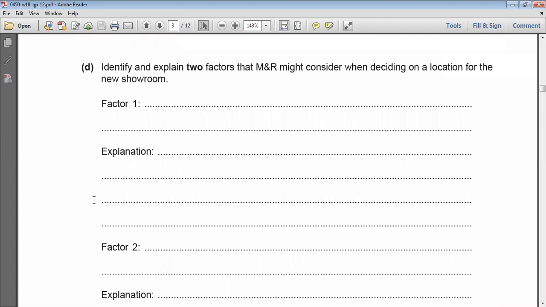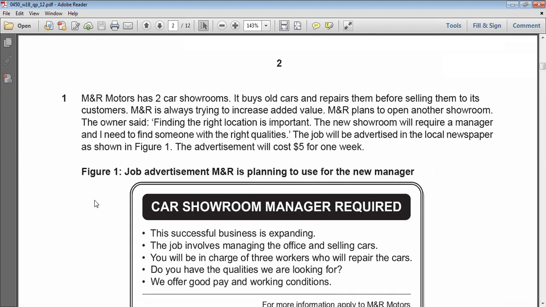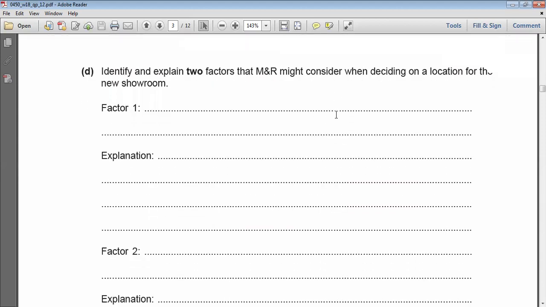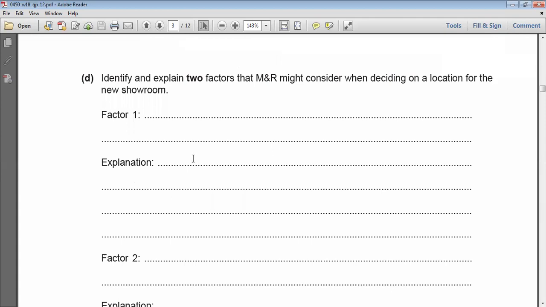If you repeat the explanation, then you cannot be given the marks. So basically for application, you will use some of the words like increase added value, plans to open new showroom, and then advertising local newspaper, two-car showroom, buys old car, repairs old car. These are called application.